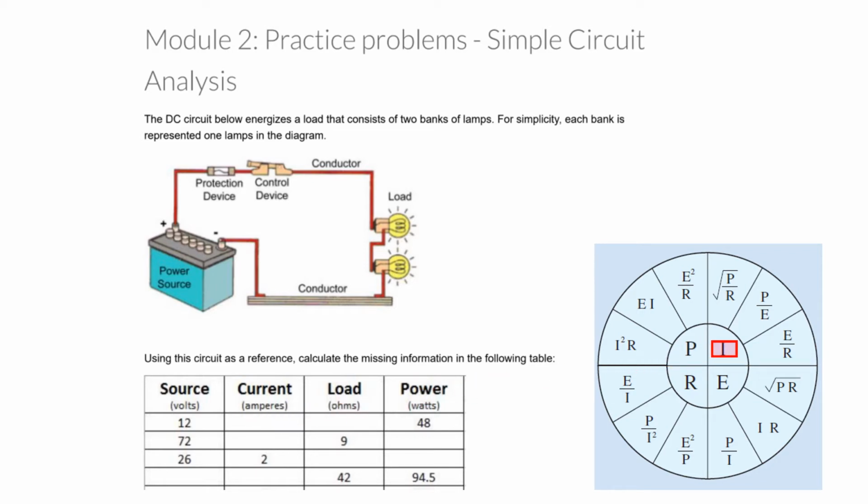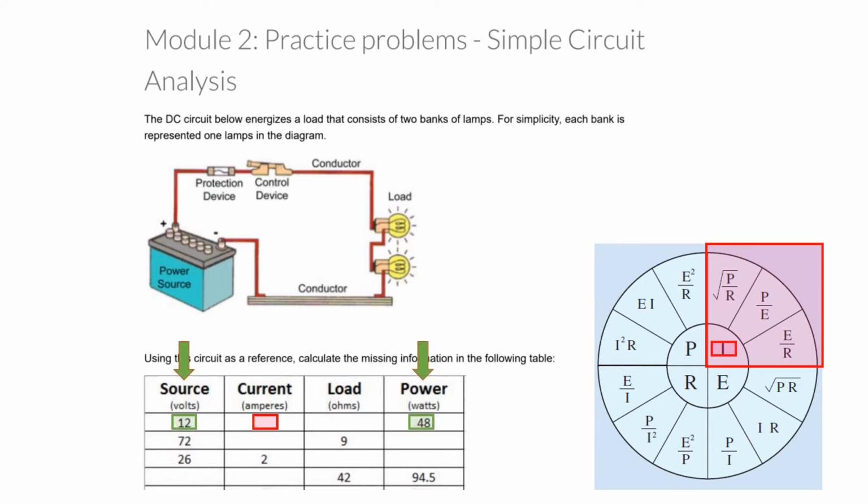Since we're looking for current, we need to locate in the formula chart where the current is located in the center circle. That will let you know which portion of the chart you are going to use. The formula that you're going to use is in that particular region where current is at the center.